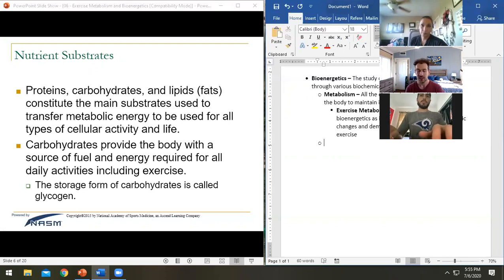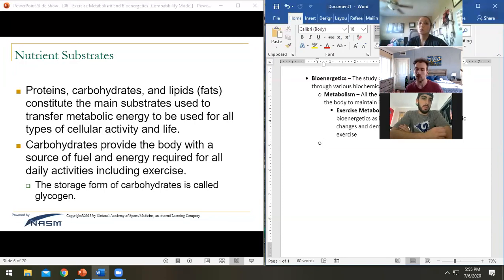But carbohydrates can't, on their own, be used for energy unless they get broken down into a source that we can use, which is glucose. Glucose can be used to produce energy, right? And so your nutrient substrates are going to be your proteins, carbohydrates, and the lipids, aka fats. And those are all going to be used in different ways to produce energy.